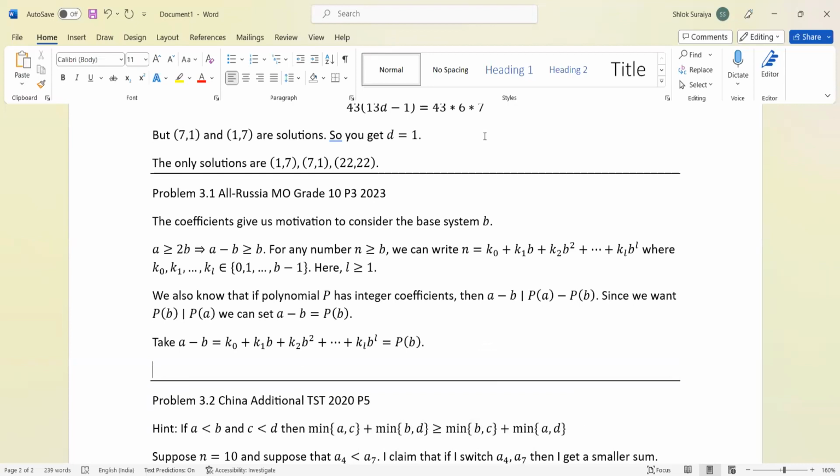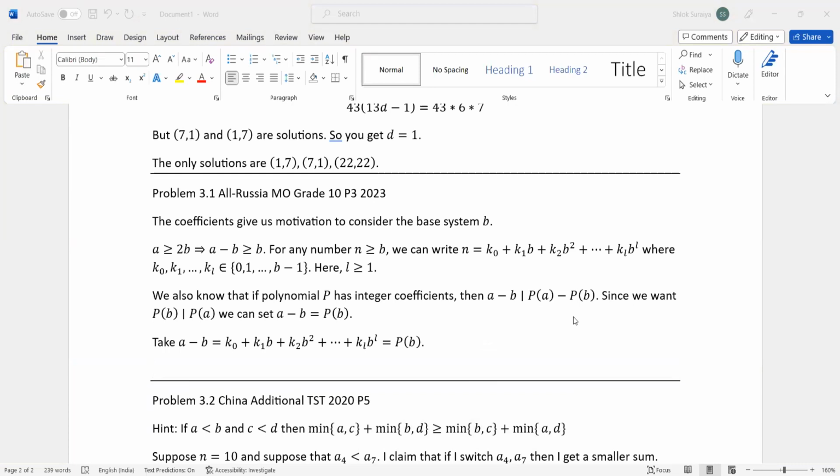Ayush, can you hear me? He's given on chat. Yes. Okay, so he's familiar with this. So since I want P of B to divide P of A, right?